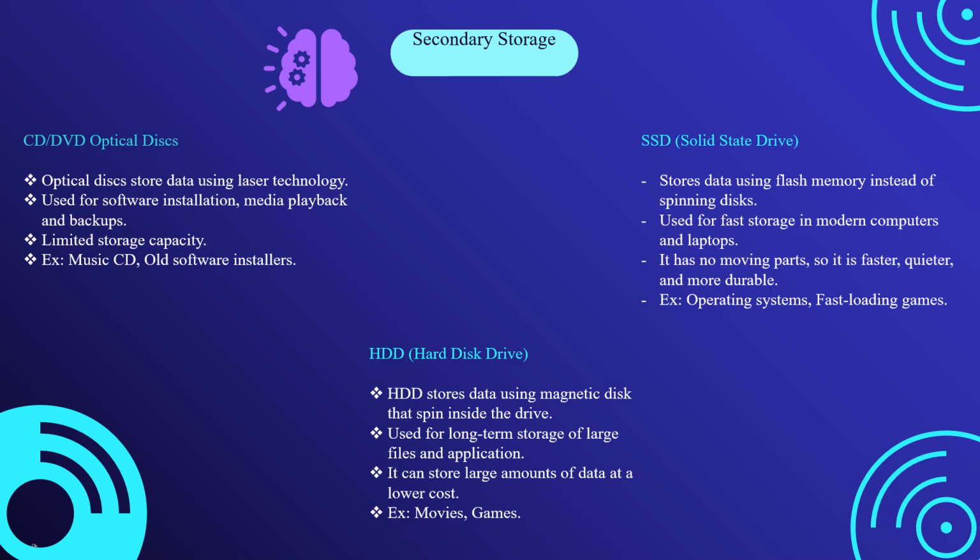Finally, there are SSDs, or solid state drives, right? They store data using flash memory instead of spinning disks. Because SSDs have no moving parts, they are significantly faster, quieter, and more durable than hard drives. This is why SSDs are now used for fast storage in modern computers and laptops, especially for things like operating systems or games that need to load quickly.